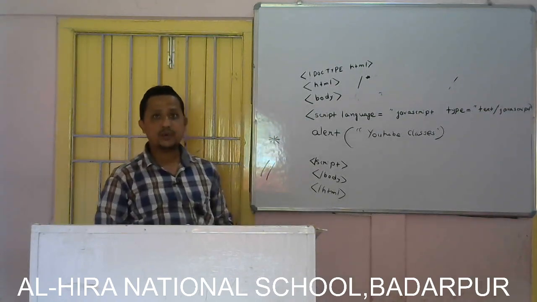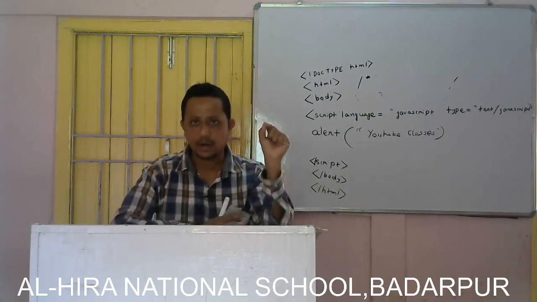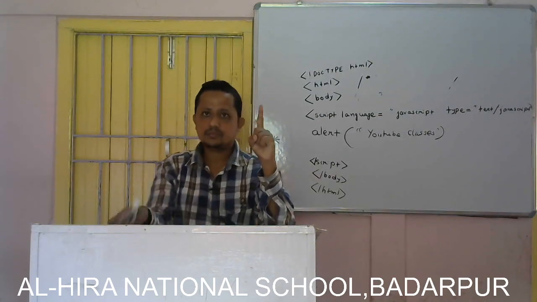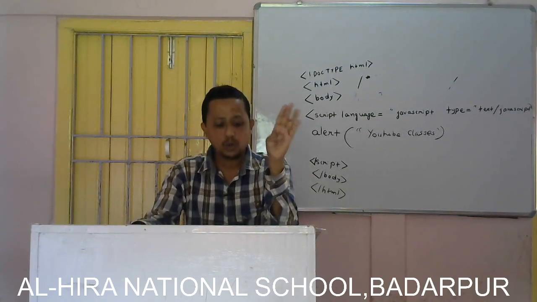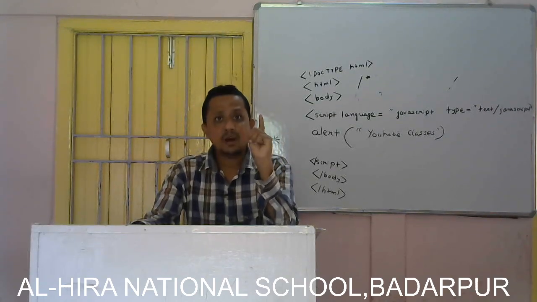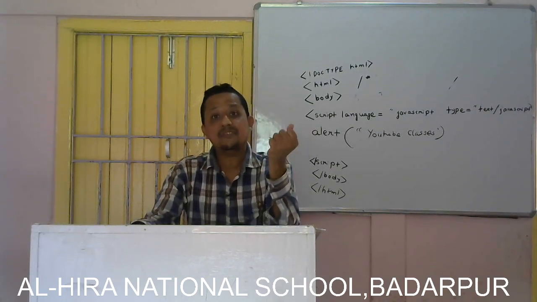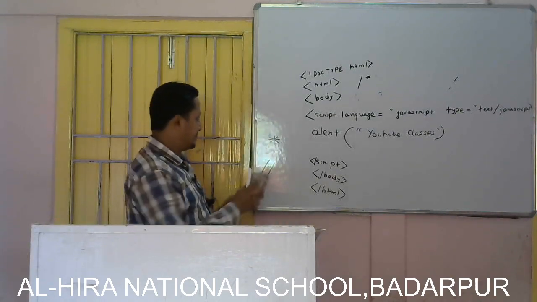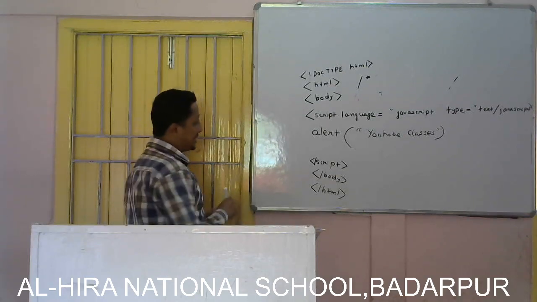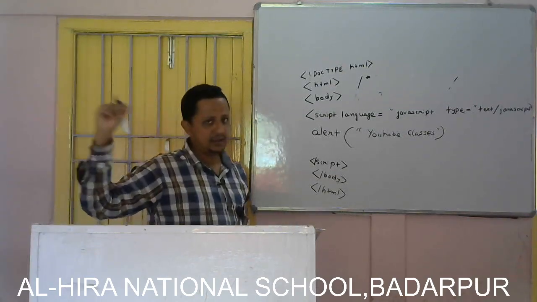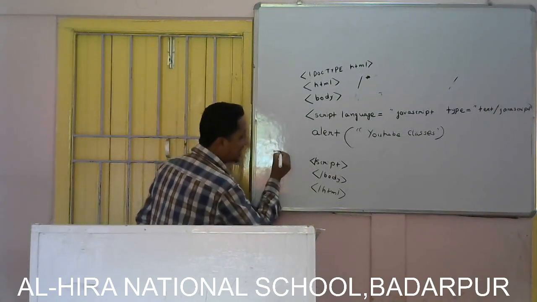Now, what are the rules for naming variables? Basically, this is very important. Just read this properly. The first rule: the name of the variable must begin with a letter, meaning A, B, C, D, or with an underscore character.